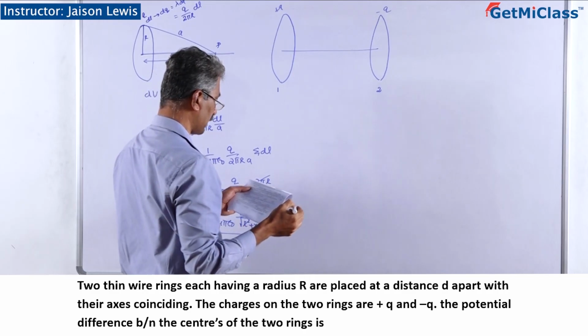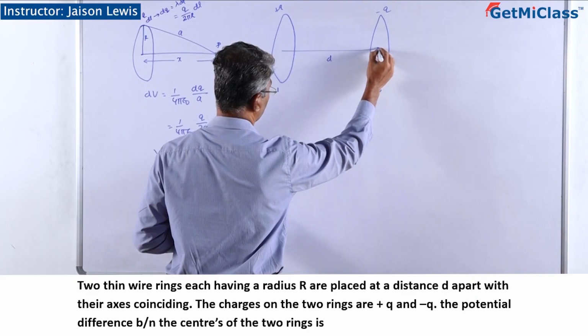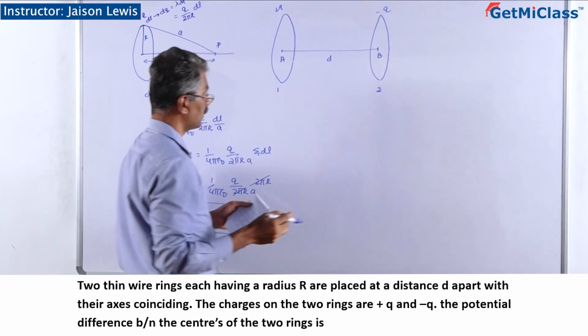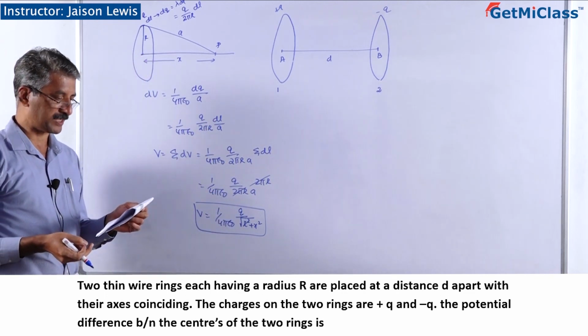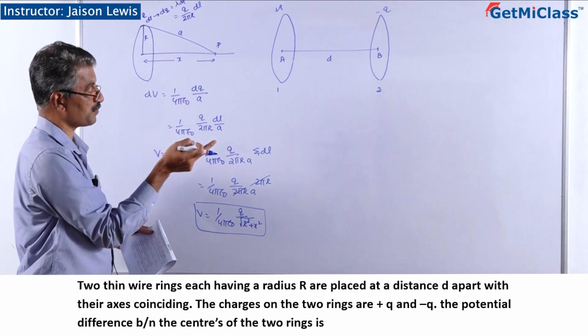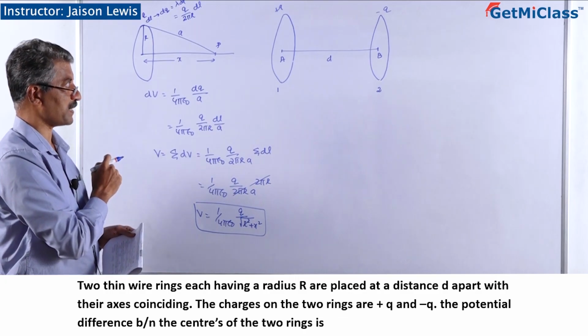The separation between them is d. We need to find the potential at A as well as B, then find the potential difference. The question asks for the potential difference between the centers of the two rings. You find the potential at A and the potential at B, then find the difference.